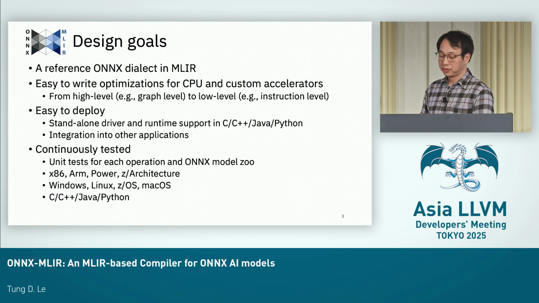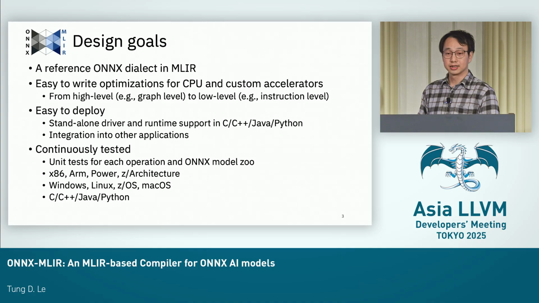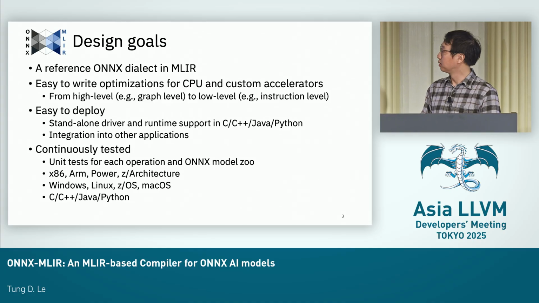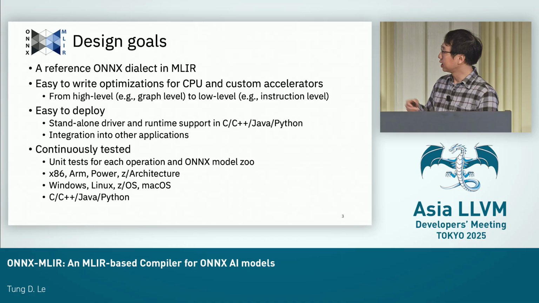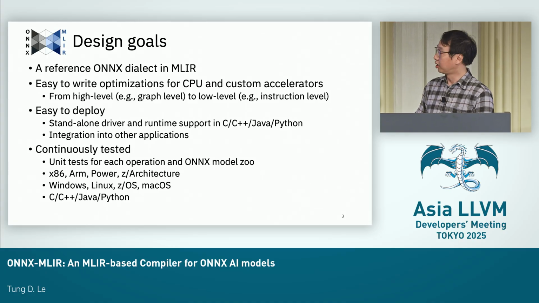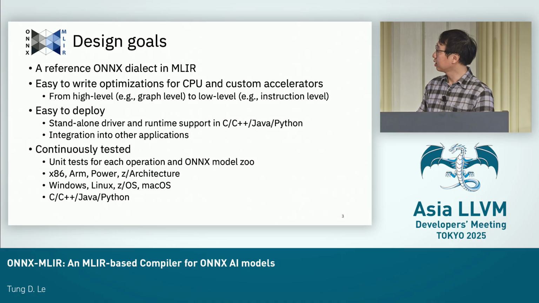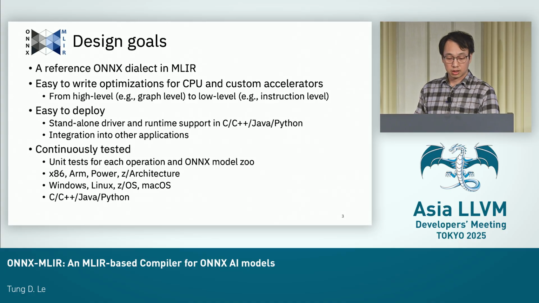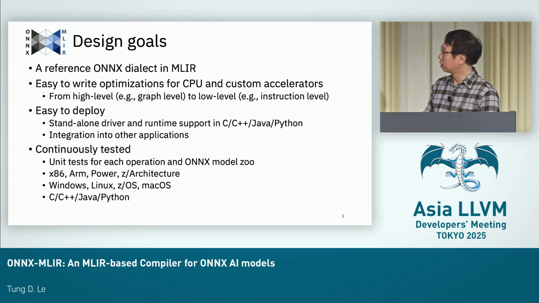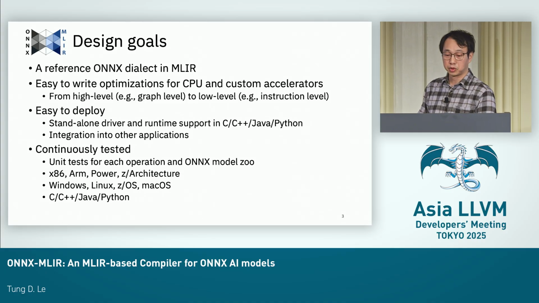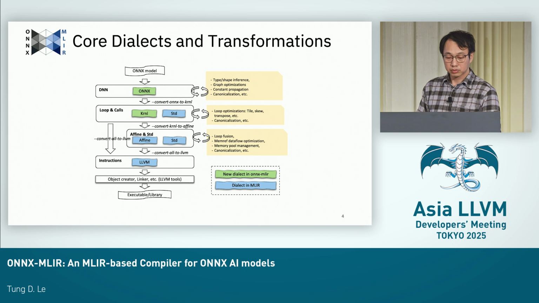And finally, we build a set of tests to keep the compiler robust and correct. We have a unit test for every ONNX operation and every ONNX model in the model zoo. The compiler is continuously tested on different architectures, operating systems, and programming languages.